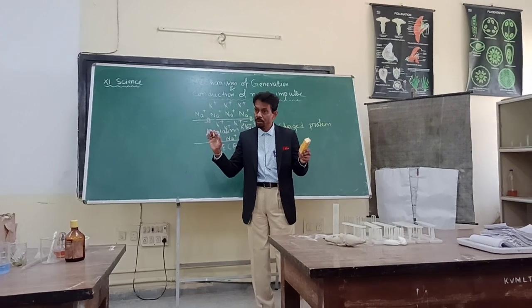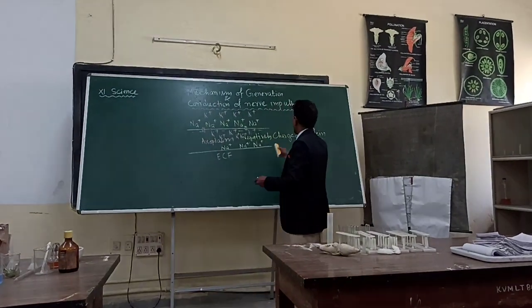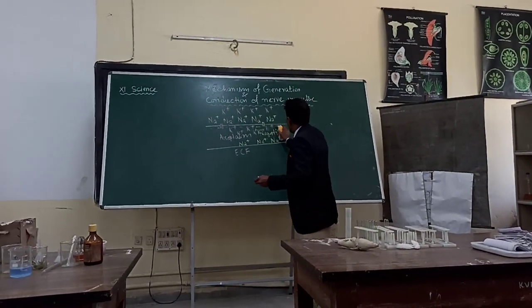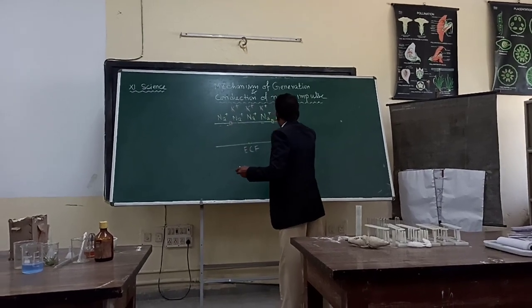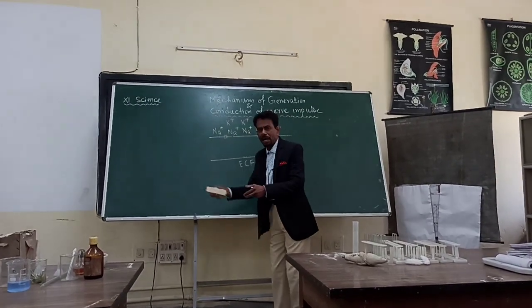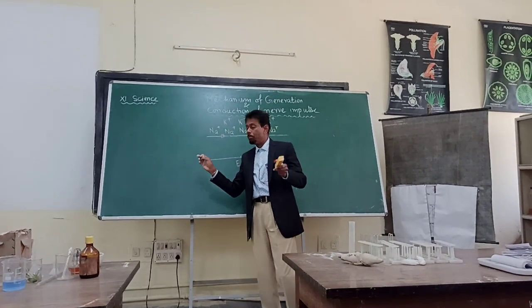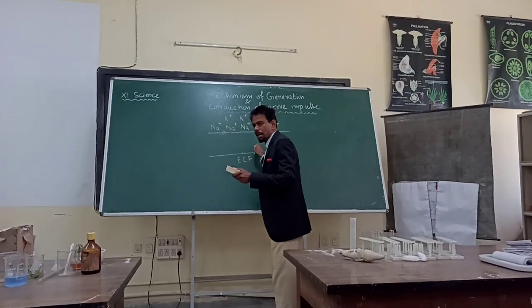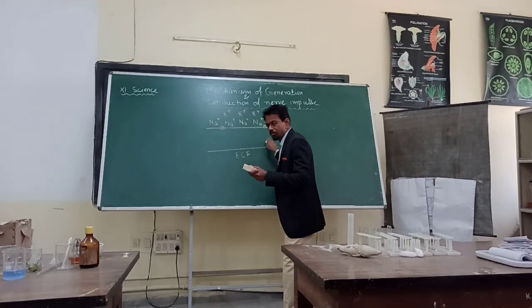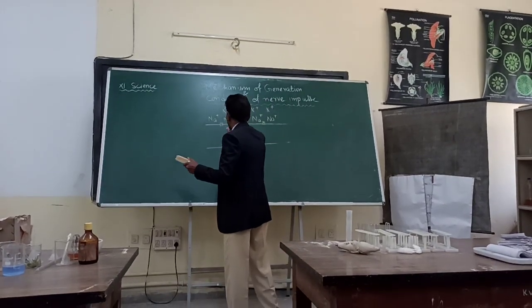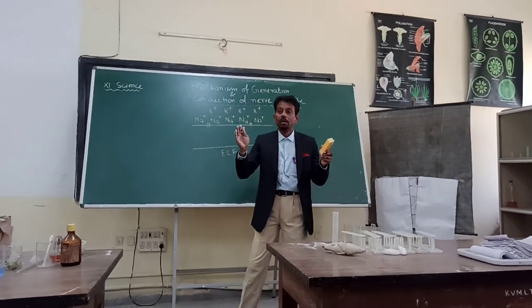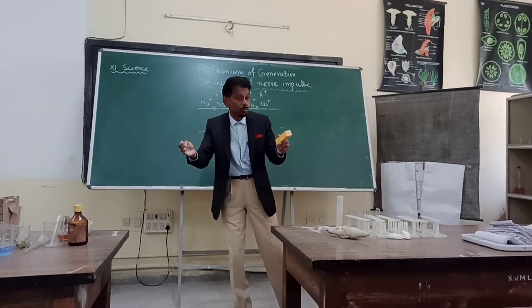This creates a net negative charge inside. You might ask, why is there a net negative charge inside? Because a few potassium ions are coming inside, trying to add a positive charge.